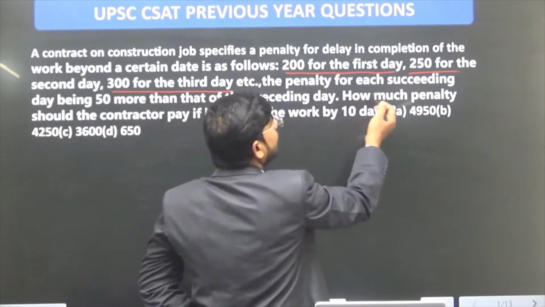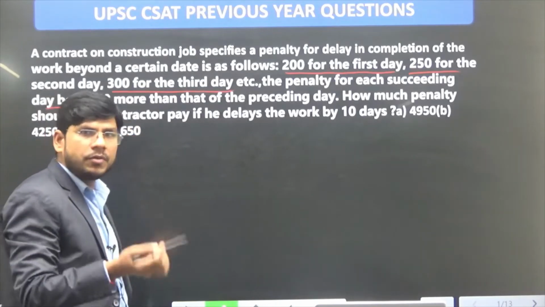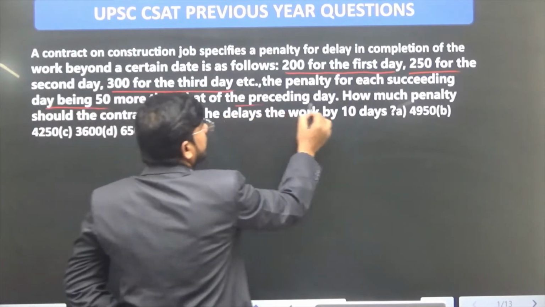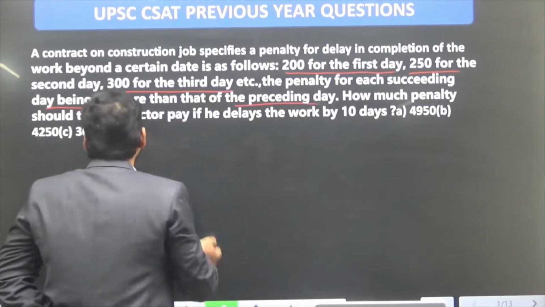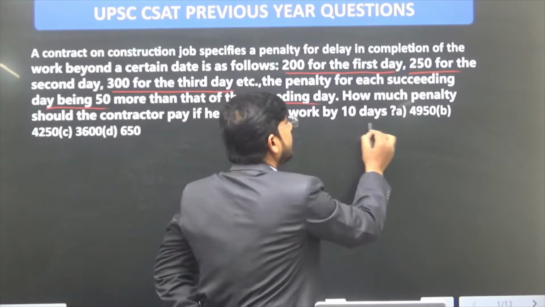The penalty for each succeeding day being 50 rupees more than the preceding day. How much penalty should the contractor pay if he delays the work by 10 days?